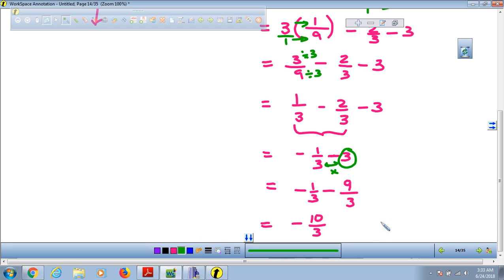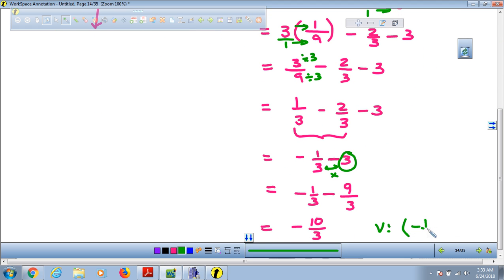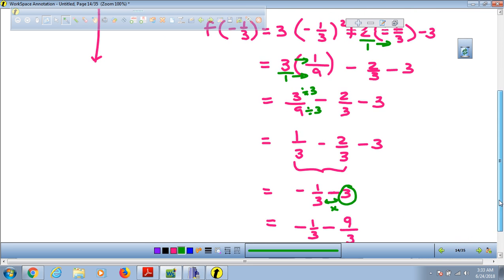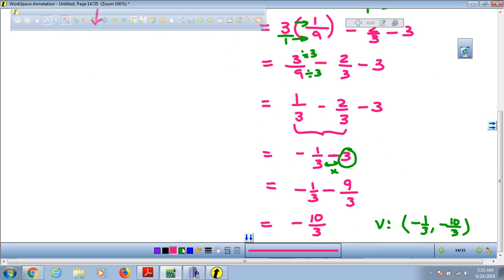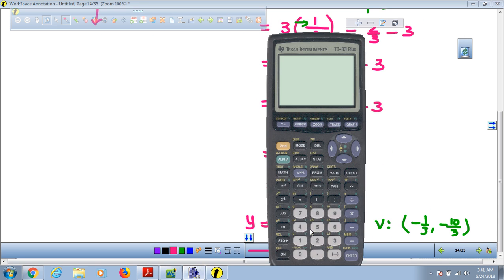Okay. So the vertex would be at, first, what was it? Negative 1/3, comma, negative 10/3. This would be my y, let's say. Negative 1 over 3 is going to be negative 0.3333.